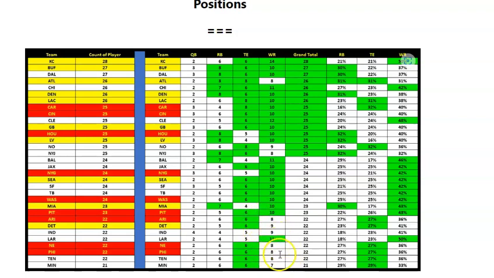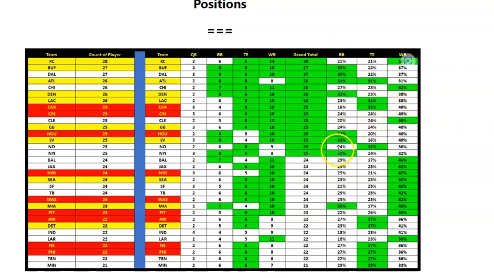Okay, they're not stained green there. There's not any running backs here, folks. None. So there's a lack of running backs on these teams. And there's a lack of wide receivers down at the bottom. I looked at position, and I'm not sure I'm finding anything here.